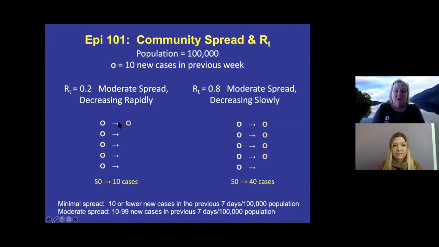So this is going to decrease the number of cases quite rapidly, having this really low RT close to 0. Whereas here we have an RT that's less than 1 but close to 1, and it's going to decrease the number of cases slowly. In this case, these 50 cases have now become 40 cases. So the decrease in cases is going to be much slower than over here.